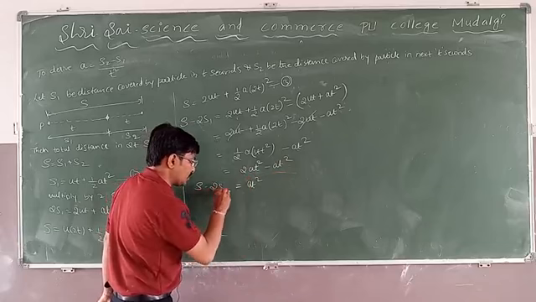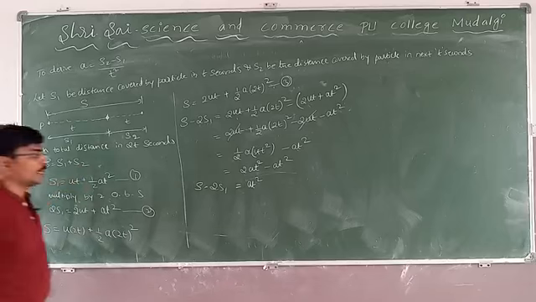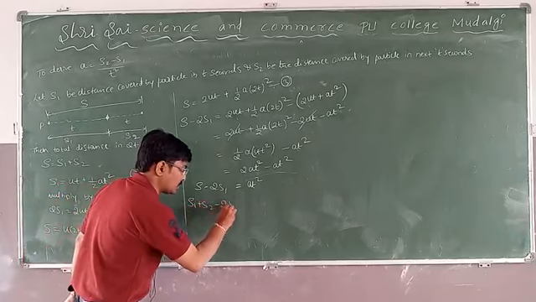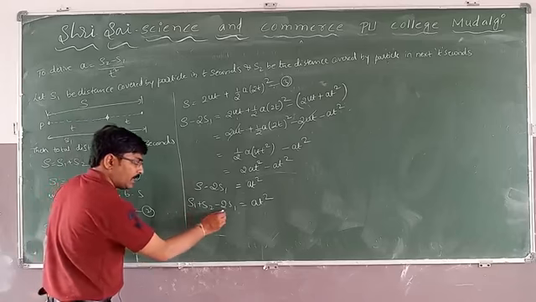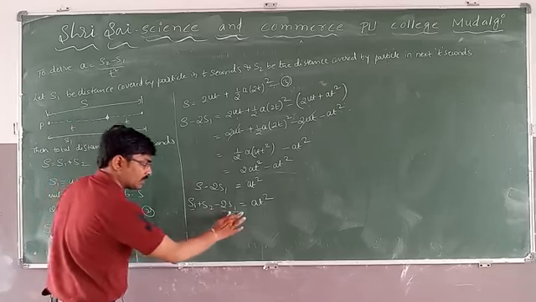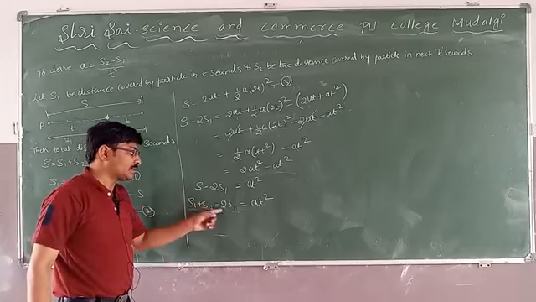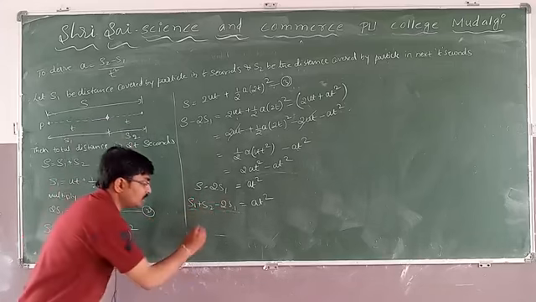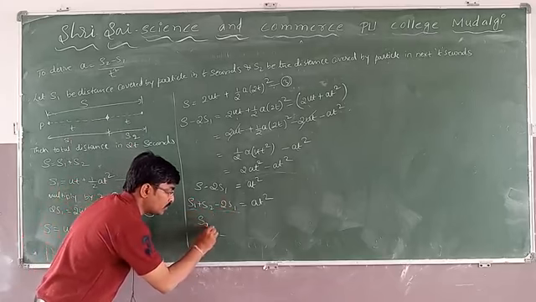So a t square is equal to s minus 2s1. What is the s value? S means s1 plus s2. So s1 plus s2 minus 2s1 is equal to a t square. Here there are 2s1 and 1 s1, with one plus sign and one minus sign, so s1 minus 2s1 means minus s1.